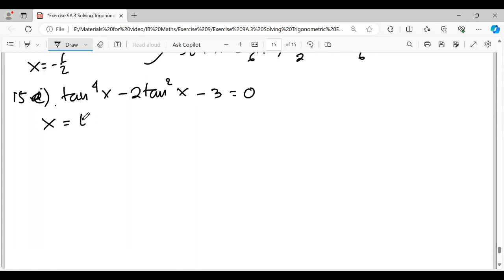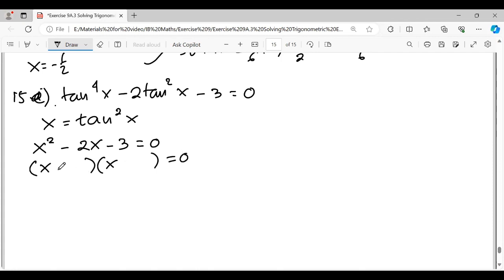If x equals tangent squared x, this equation we can write like this: x squared minus 2x minus 3 equals 0. And through factorization, x minus 3 times x plus 1 equals 0. So x equals 3 or x equals negative 1.